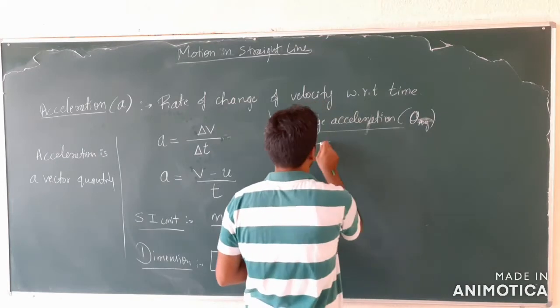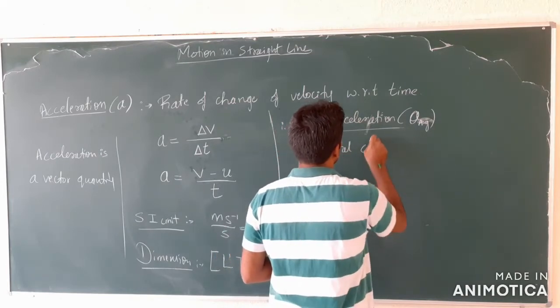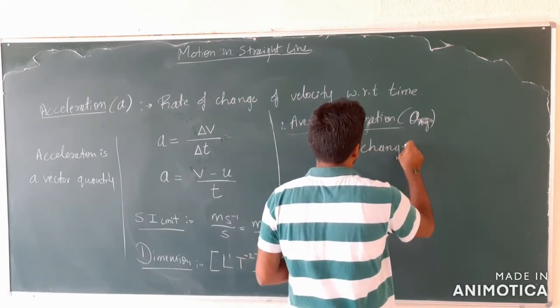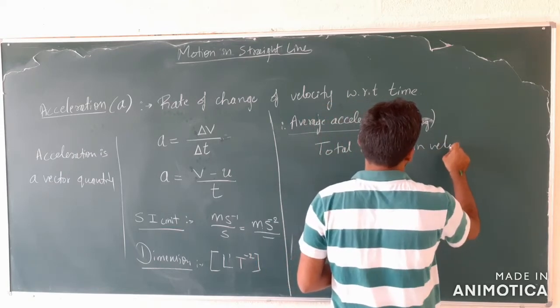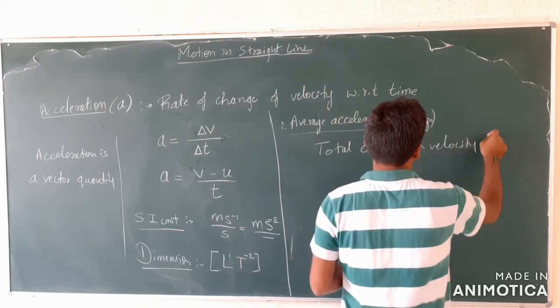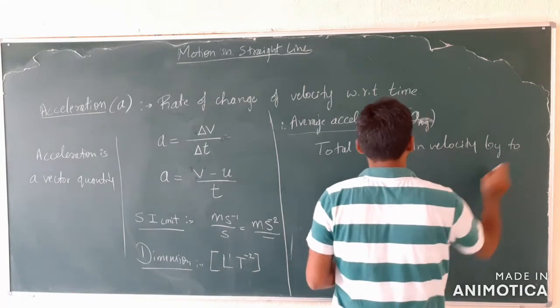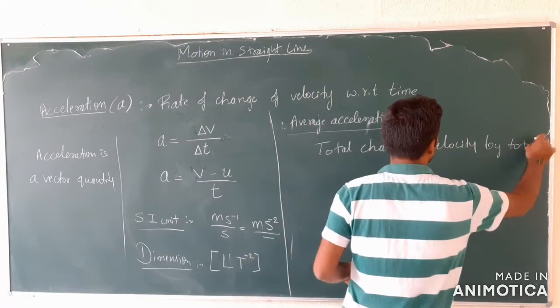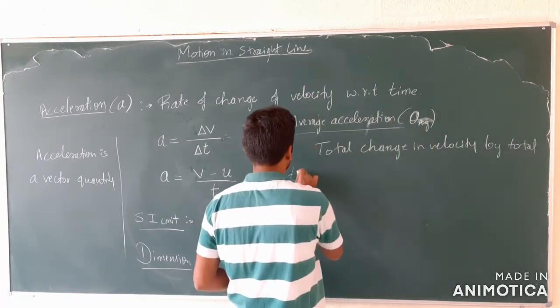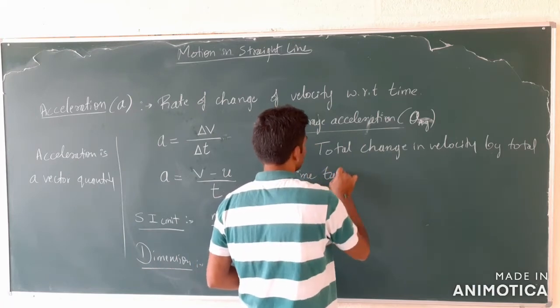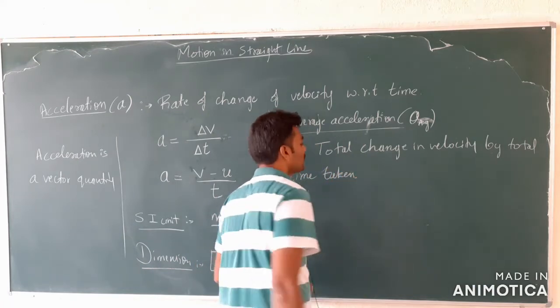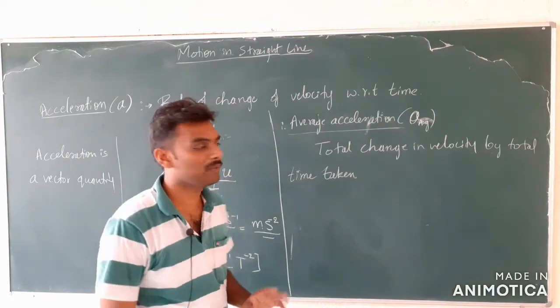Average acceleration is total change in velocity by total time taken. This is average acceleration, very simple.